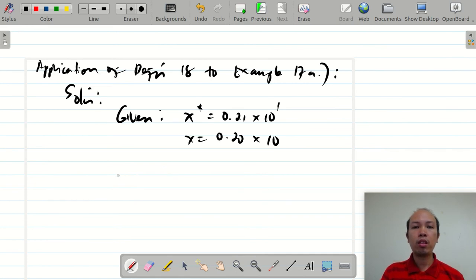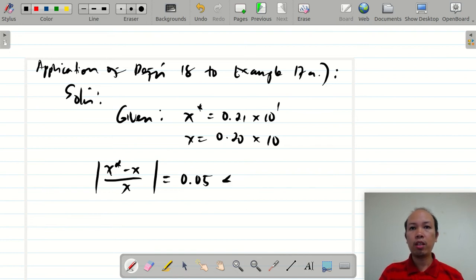As you recall, in the previous discussion when we solved the relative error, we know that this is 0.05. Okay, so we will try to find a bound.